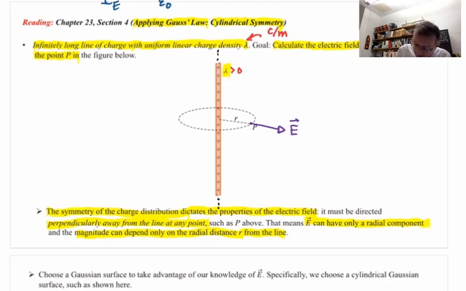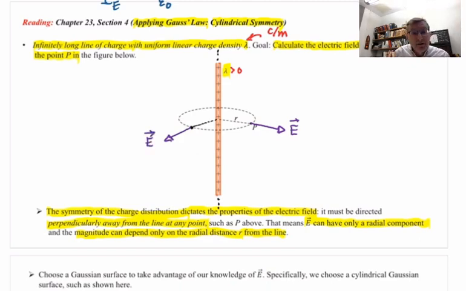Now what that means is that if I were to pick a different point on this same dashed circle, how about over here? There's a new point over there. What can I say about the electric field vector there? Magnitude and direction. Well, the direction would have to point radially away from the line at this location, which would be roughly like that, yes?